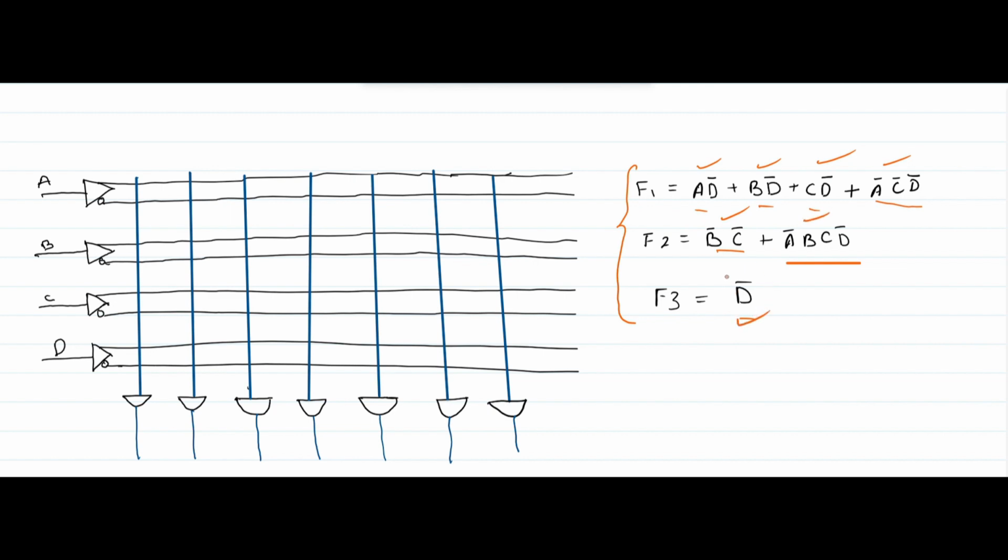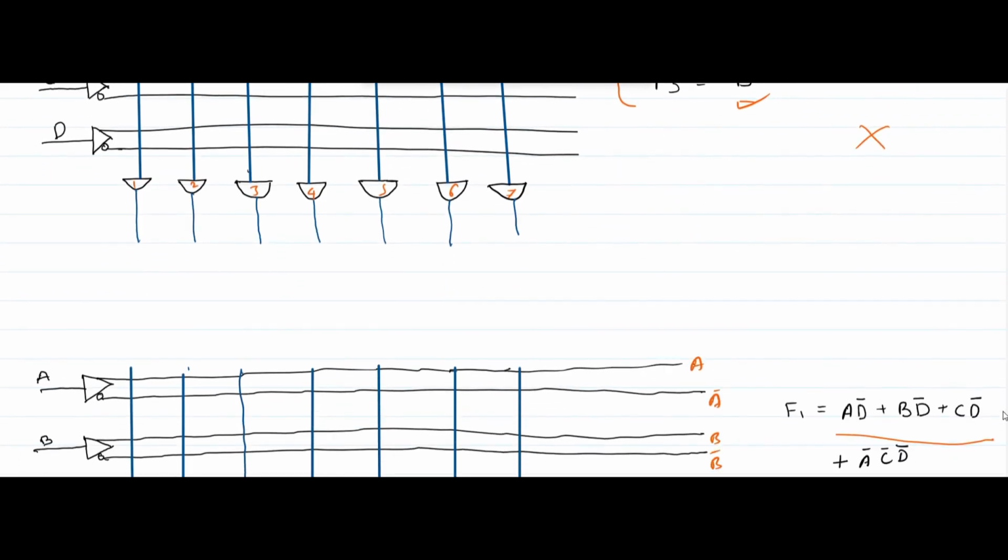So I use 7 AND gates, 1, 2, 3, 4, 5, 6, 7, and this is programmable AND plus programmable OR. So AND and OR both are programmable. Any number of inputs can be used, and we will have a cross to denote the connection because a dot is used to represent a fixed connection, right?